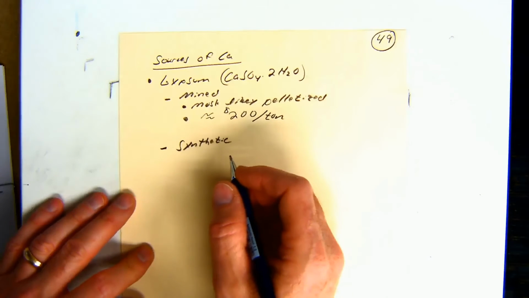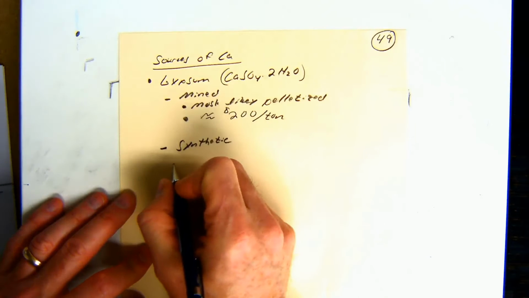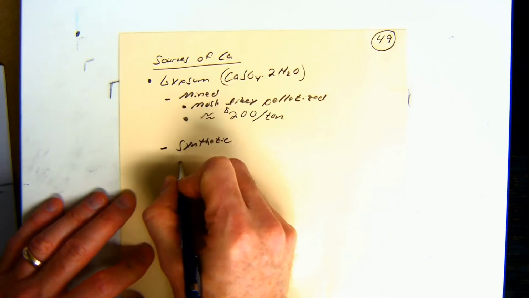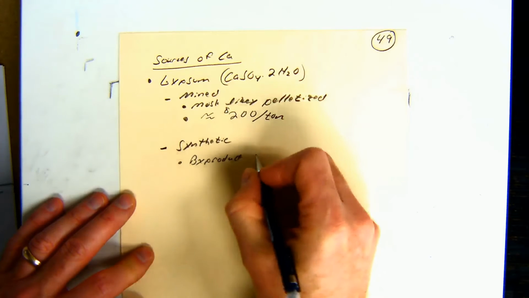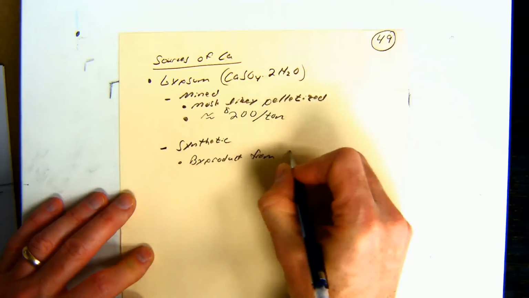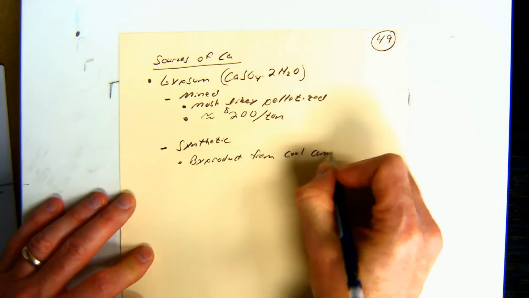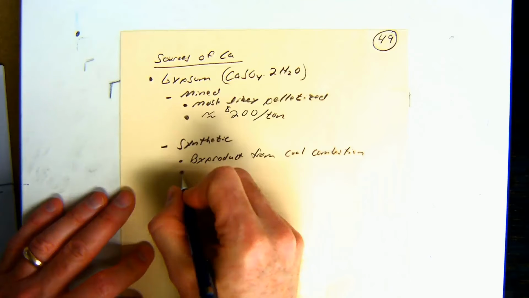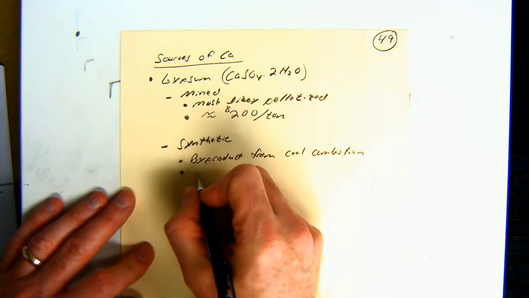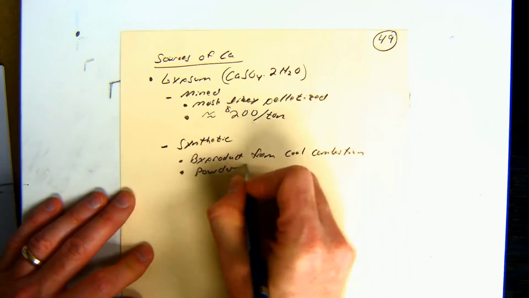So the synthetic, as we talked about a little bit, is a byproduct from coal combustion. Usually cakey, but it's mostly in the powder form.